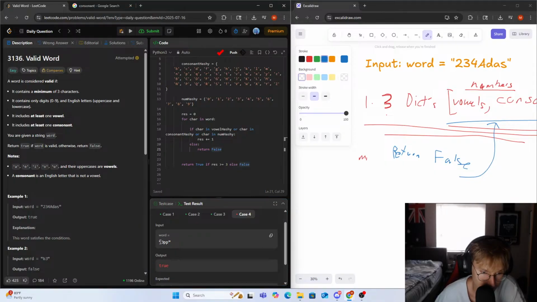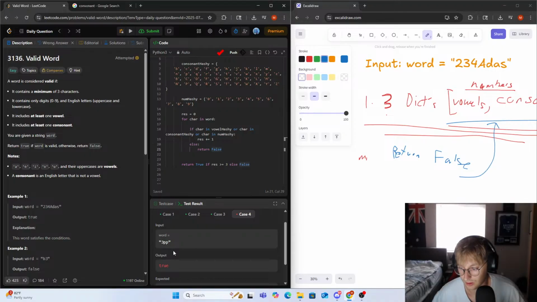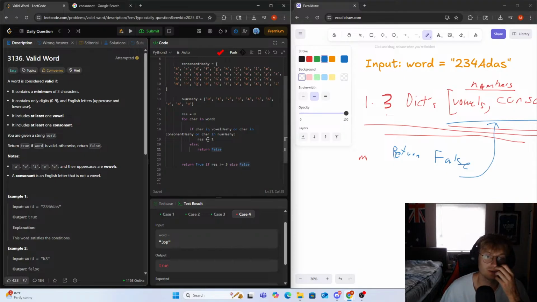Is 3 not... Let's think about it, if we see 3 characters. Okay. We see 3 characters. So I think we have to distinguish the difference between the characters and the nums, so we'll have to split up this if statement here.